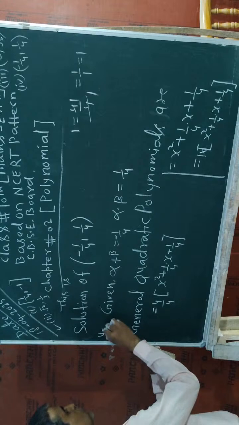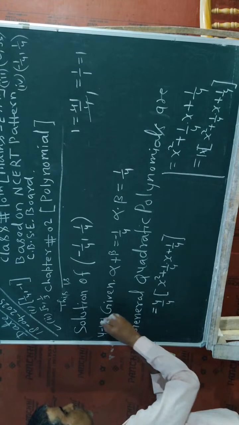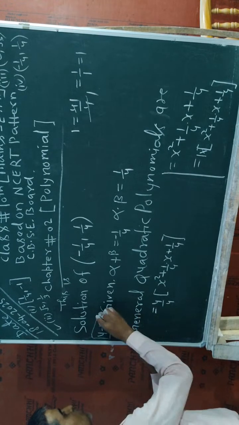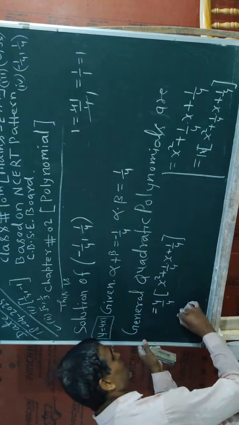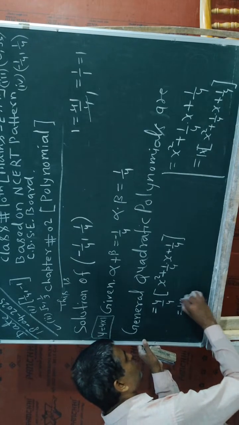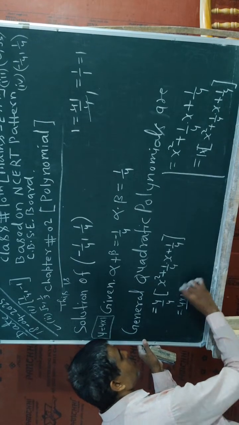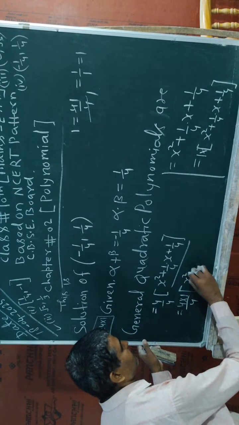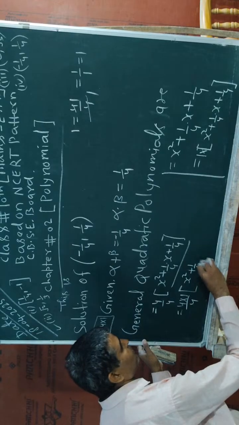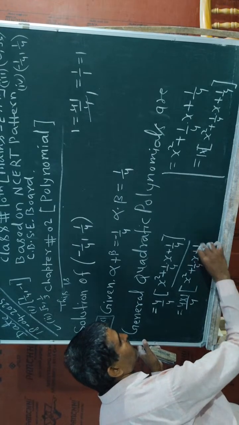In the place of 4 I can write 4 into 1, because there will be no change: any number multiplied with 1 becomes the same number. So here I will write 4 into 1 divided by 4, and in the bracket I will write x square plus 1 by 4 into x plus 1 by 4.